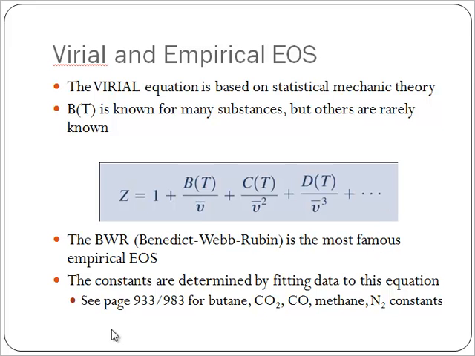Now, the good news is in your textbook, for several substances, you have the constants that are required to use the Benedict-Webb-Rubin equation. In particular, page 933 for SI units, page 983 for engineering units, and you can find constants for butane, carbon dioxide, carbon monoxide, methane, nitrogen.